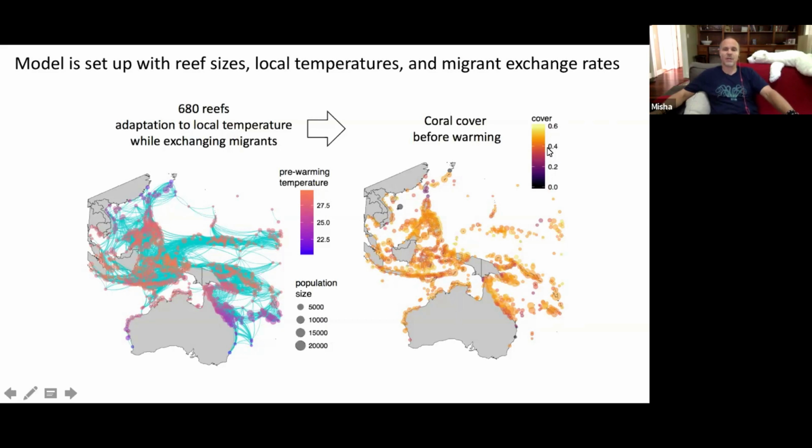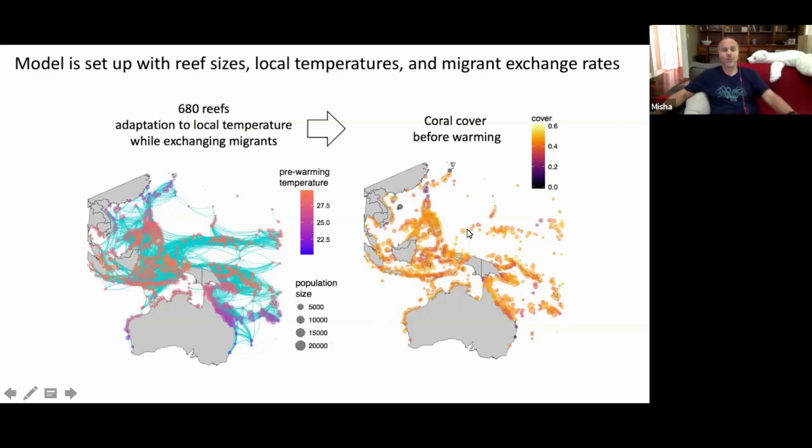When you see colors going into orange, purple, and then black, that means that the coral cover is dropping. It's really bad. So keep an eye out for these kind of events. So before warming, we basically end up with a situation like this, where on most reefs, corals are adapted nicely to their local conditions. Migration rates are going where they're going, and everything's nice and happy.